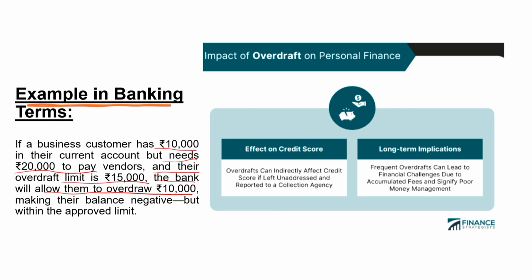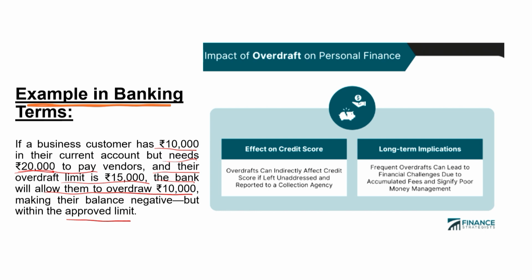So you already have 10,000 and 15,000 is your limit, which means at a maximum you can withdraw 25,000 rupees at a particular point of time to fulfil your financial need. Here the consumer can withdraw 20,000 rupees, and that will help him repay the 20,000 to the vendor for the purchase of the raw material, equipment or tool. So within an approved limit you can withdraw from the bank. That is the procedure of taking an overdraft from a banking institution.